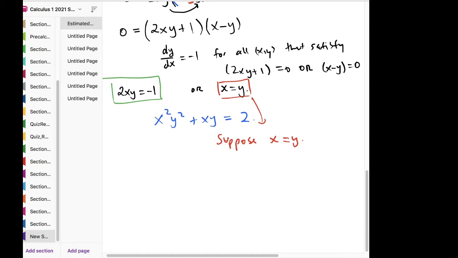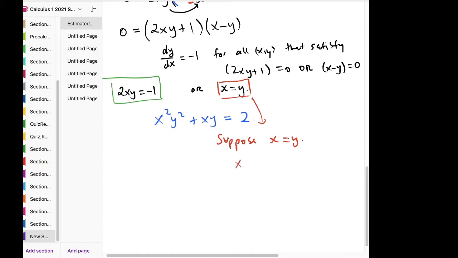So remember what this equation means. This is all points x, y such that this thing is equal to 2. So what happens when x equals y?